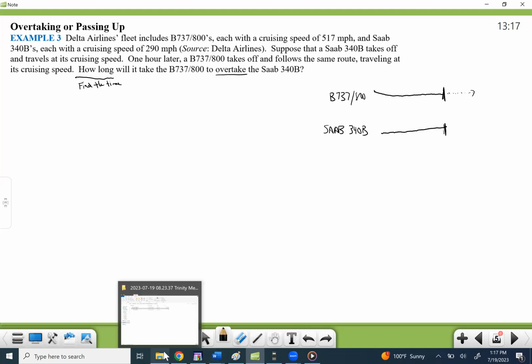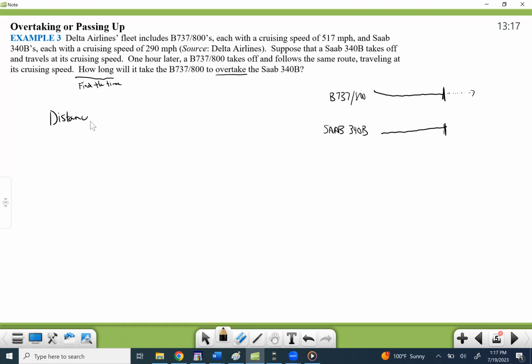All right, so let me write that down. The distance of the B737-800 has to equal the distance of the Saab. I cannot write Saab, you guys. There we go. Saab 340B.